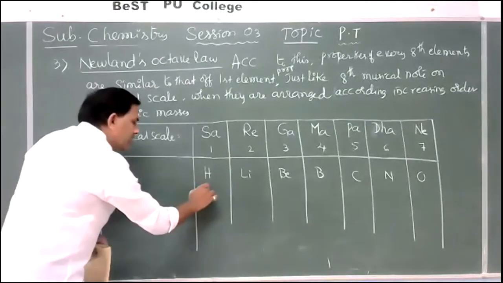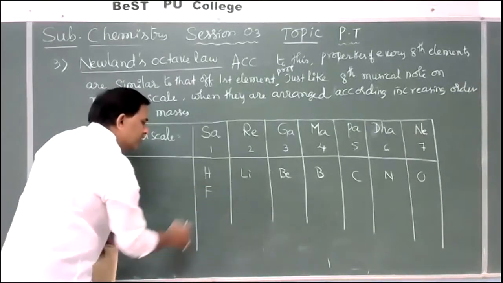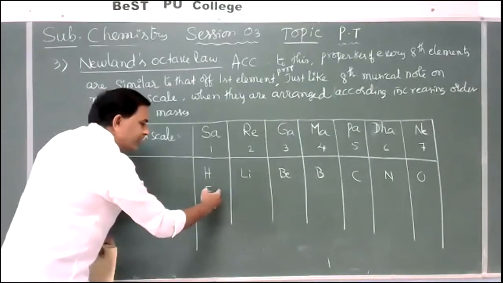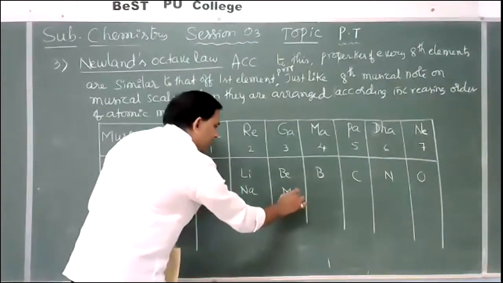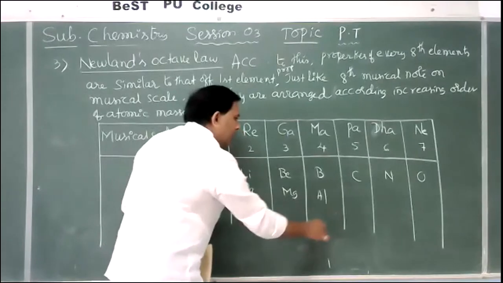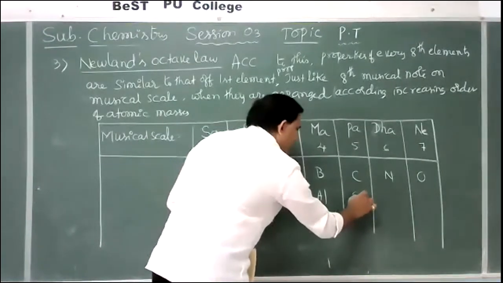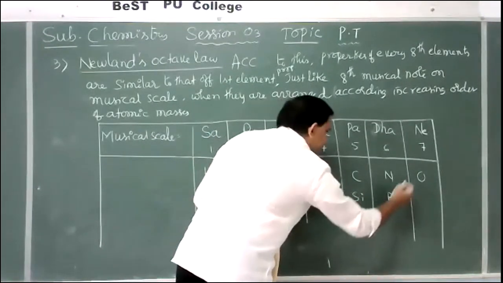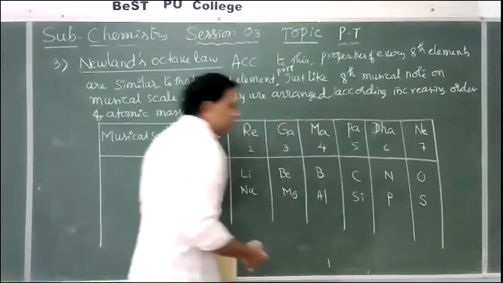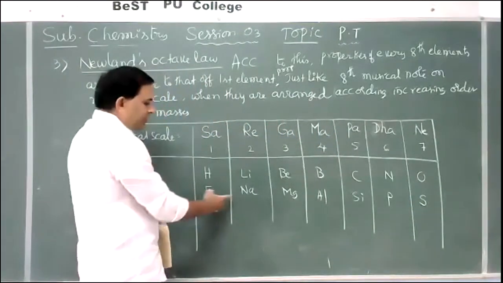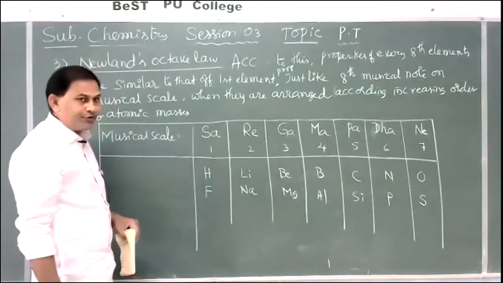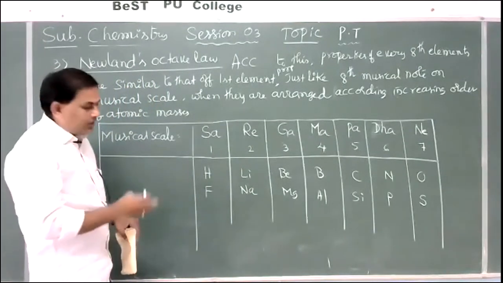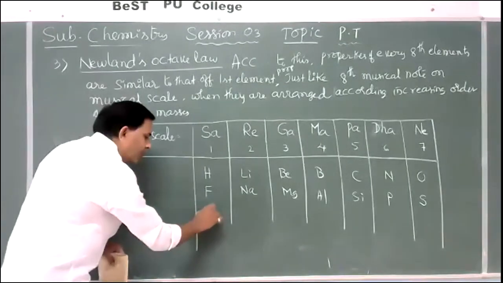That's why here it is fluorine. After fluorine there is no neon; it is sodium, magnesium, aluminium, silicon, phosphorus, sulfur. Then after these, again there is chlorine.